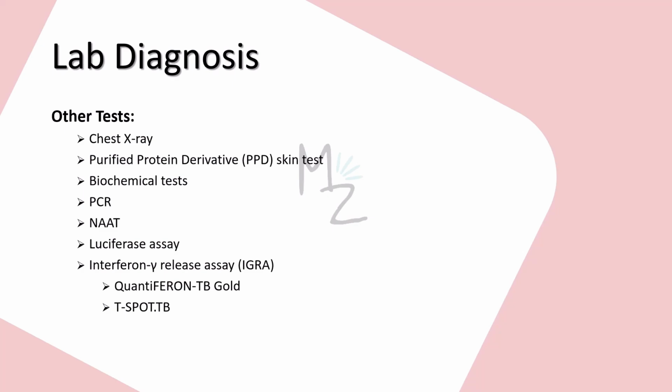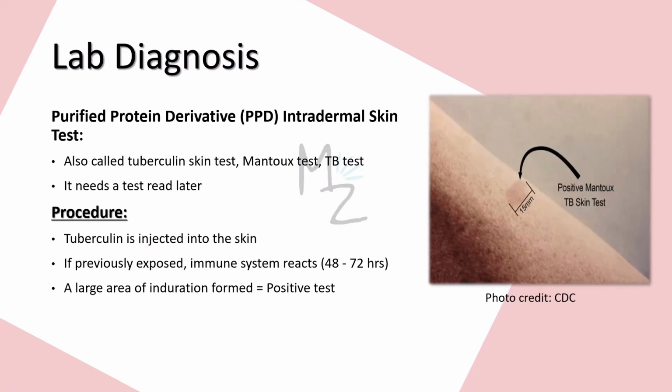The chest X-ray findings in reactivation tuberculosis of the lung include an infiltrate in the upper lobe with or without a cavity. Next, we've got the purified protein derivative, PPD, skin test. Let's talk about that. The purified protein derivative intradermal skin test, also called PPD skin test, tuberculin skin test, Mantoux test, TB test. It needs a test read later.